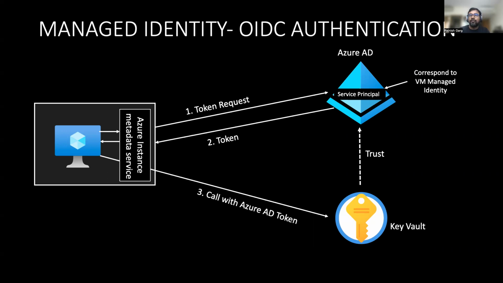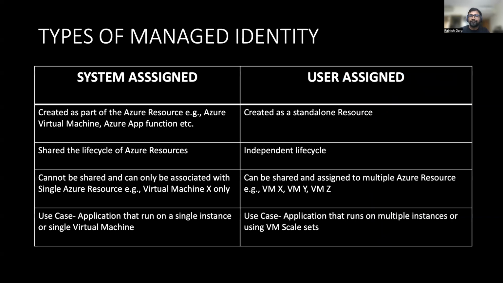Whenever your VM calls the metadata service, it will get a short-lived token, and it will use the same short-lived token to communicate with Azure Key Vault. Then Azure Key Vault, behind the scenes, checks with Azure AD whether the token is valid and whether it has all the appropriate permissions. If everything's okay, the request goes through. This is how the entire workflow looks behind the scenes.